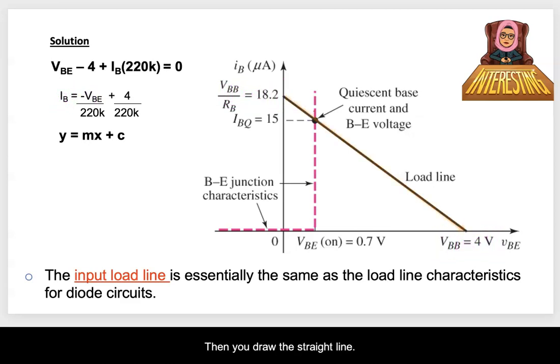Then, you draw this straight line. The load line and the Q point change when either or both VBB and RB change. The load line shown here is essentially the same as the load line for a diode circuit.